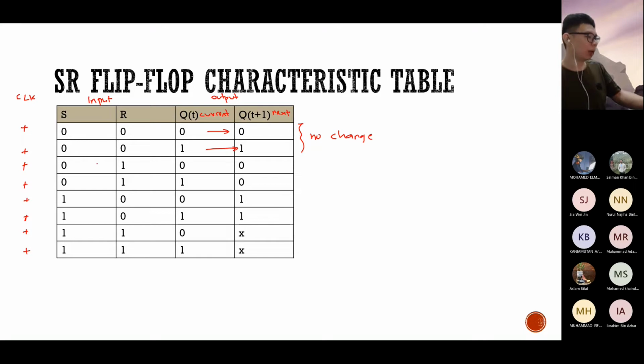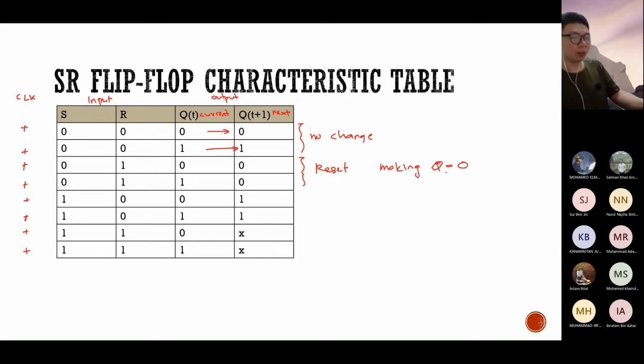Over here we put a value of S and R to be 0 and 1. So what state is this? This is a reset state. So these two rows are in a reset state. Reset means you are making Q equal to 0.